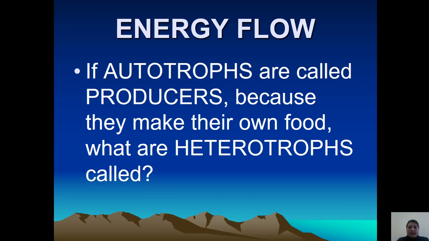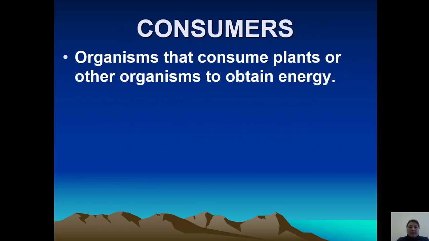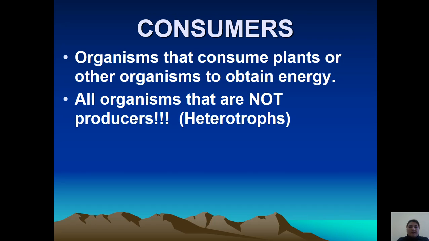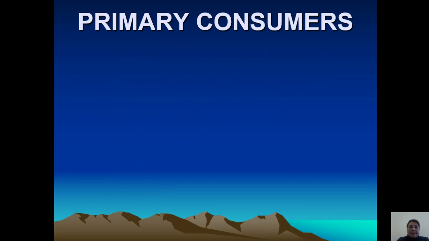What are the heterotrophs called? They consist of consumers, organisms that consume plants or other organisms to obtain energy, and all organisms that are not producers. They have three categories: first primary, second secondary, and third tertiary.